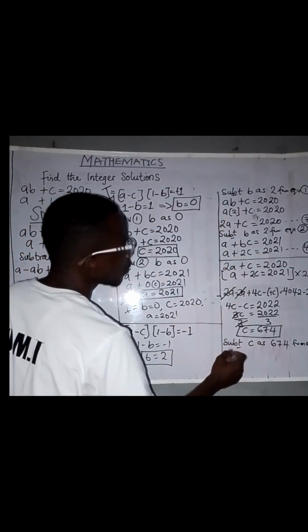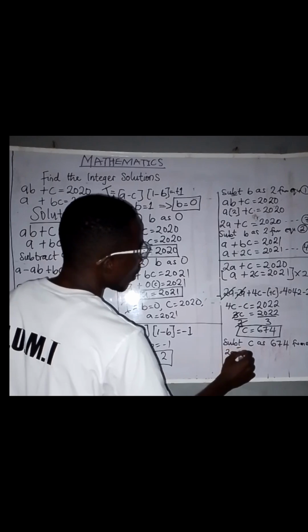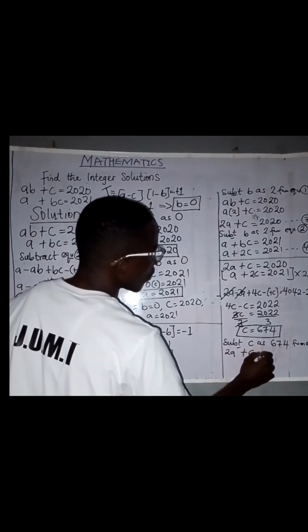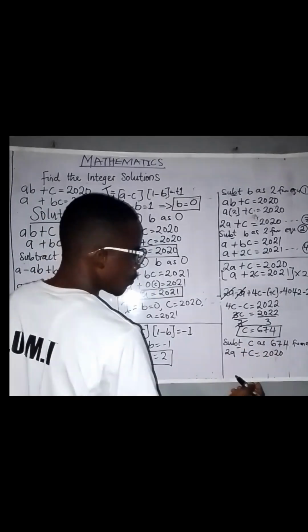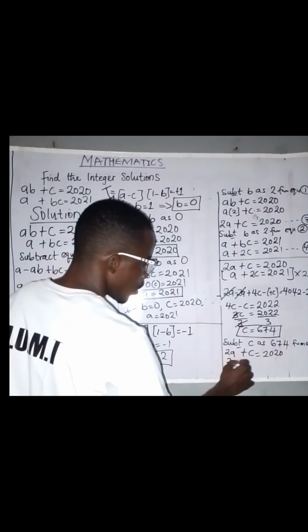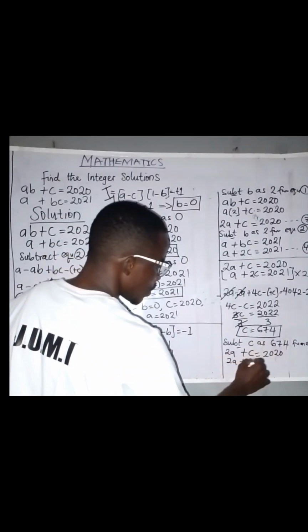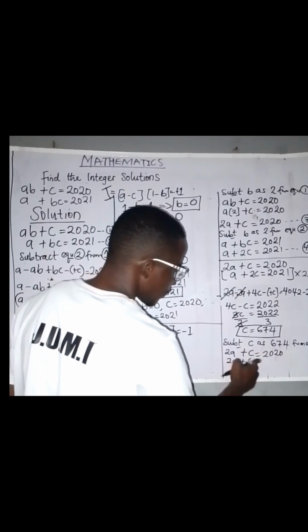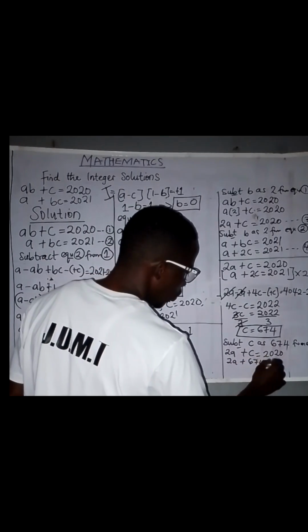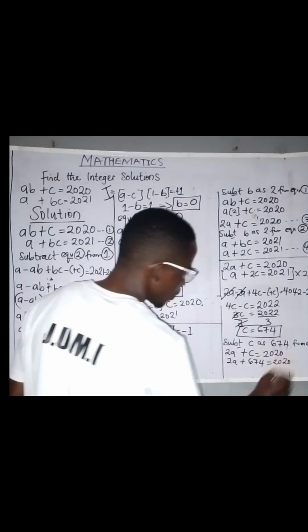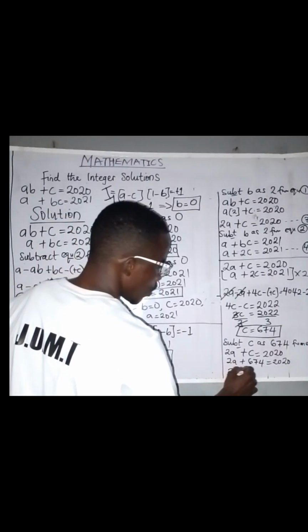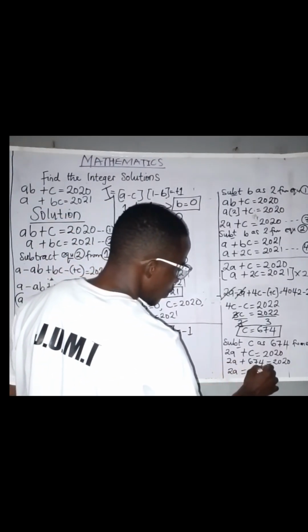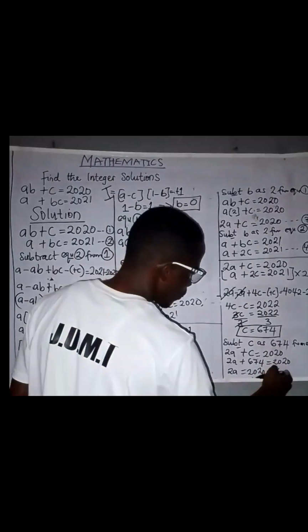My equation 3 is 2A plus C equal to 2020. Anywhere I see C, I put 674. So 2A plus 674 equal to 2020. Right? So now 2A equal to 2020 minus 674.